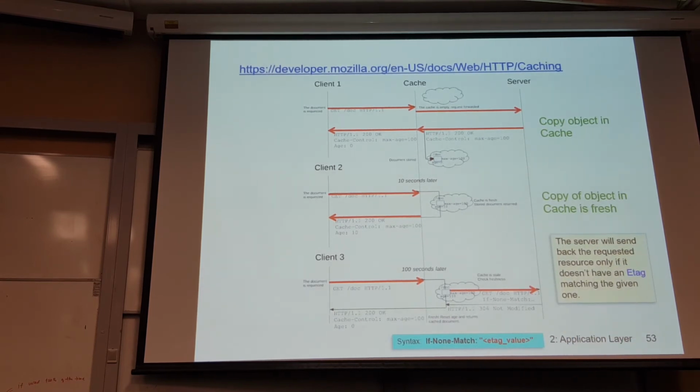Now let's say the server determines that, okay, it's still a fresh copy, it was not updated. That origin server could reply, HTTP 304, that object was not modified yet, so please send whatever copy you have. But it's going to reset the age field in this case, that object becomes fresh again.